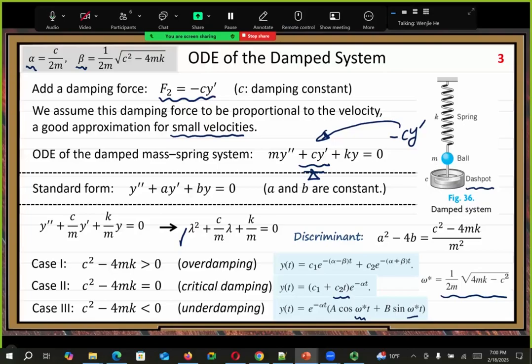We just apply our old solutions for solving second order linear homogeneous ODEs with constant coefficients, so we can solve these two systems, undamped and damped.